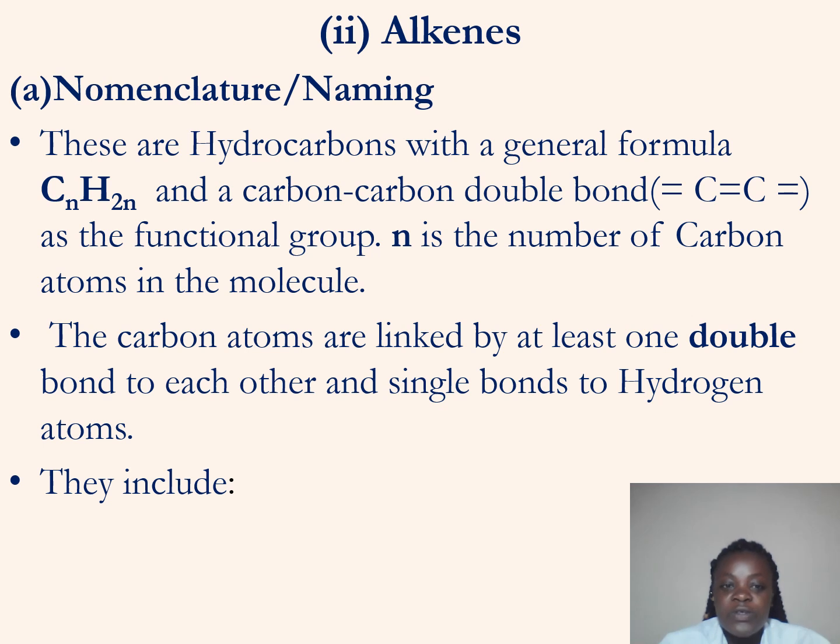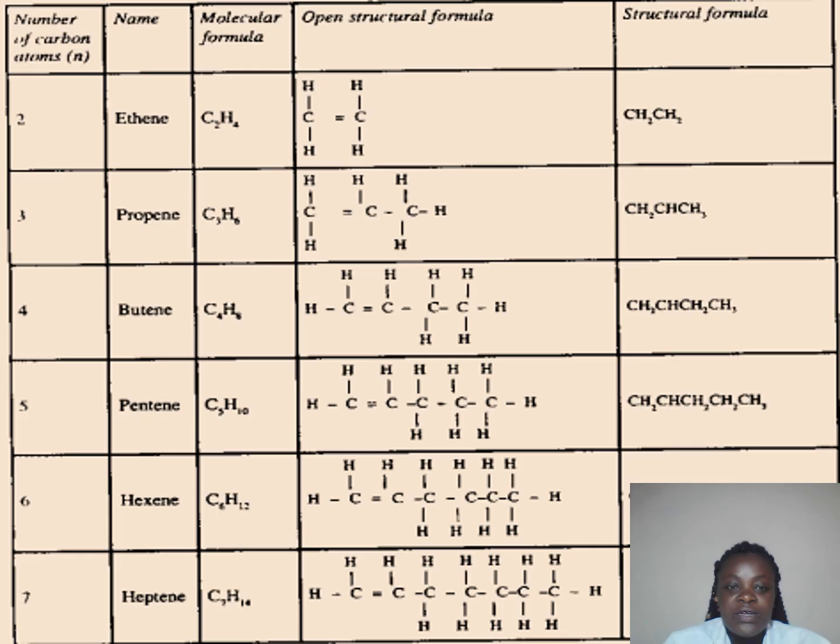All right. So for these alkenes, we can look at the first 10 members. We start with ethene. There's no alkene with 1 carbon atom. So alkenes start from ethene, 2 carbon atoms and 4 hydrogen atoms.